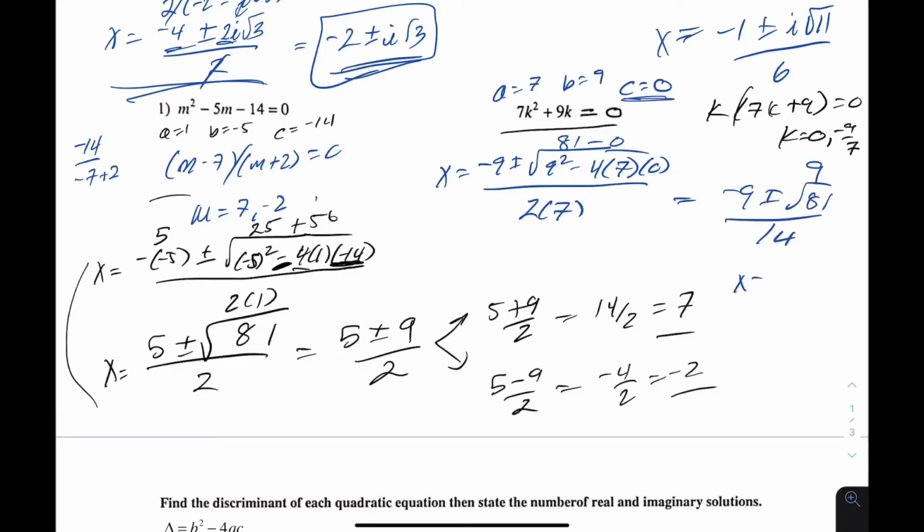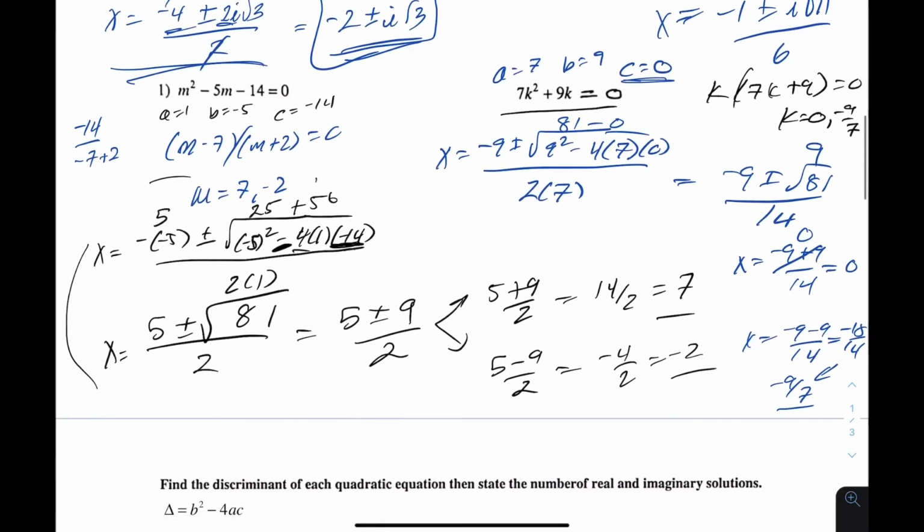So I would get x equals negative 9 plus 9 over 14, and x equals negative 9 minus 9 over 14. This will get me 0, so just 0. This is going to be negative 18 over 14, or if you reduce it, divide by 2, negative 9 over 7, which we got before. So again, lots of ways to solve quadratics. Easy way for most people is set equal to 0, and then either factor or use the quadratic formula.